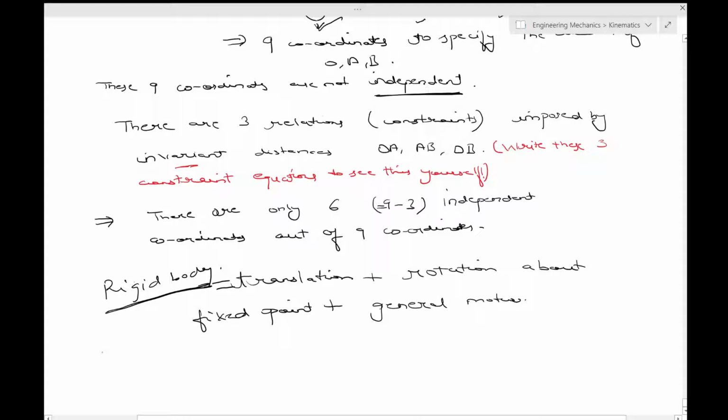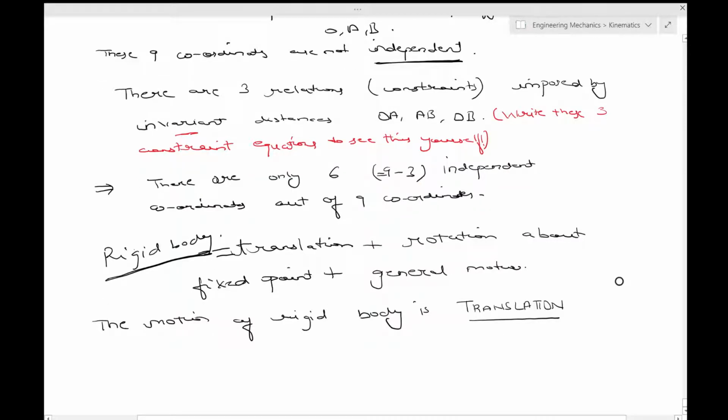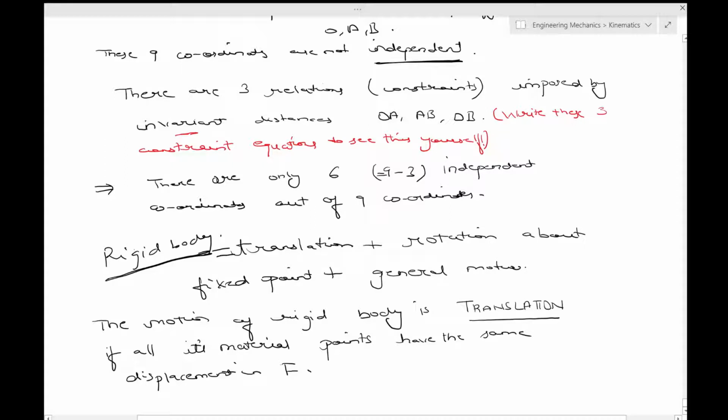The motion of a rigid body is called translation if all points have the same displacement in F, or its orientation remains fixed.